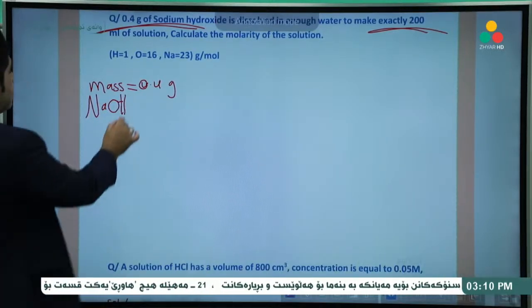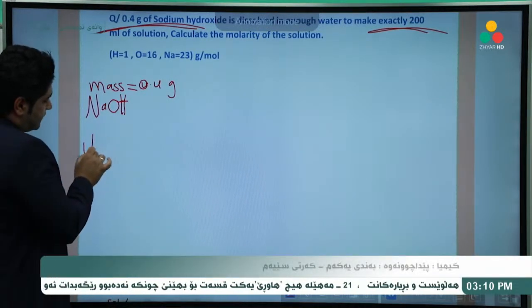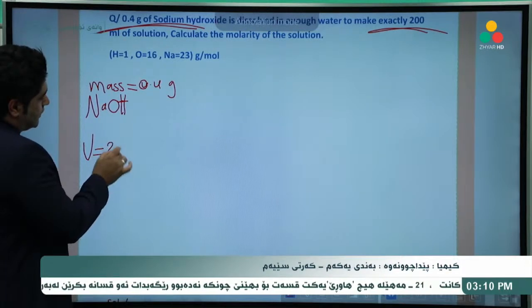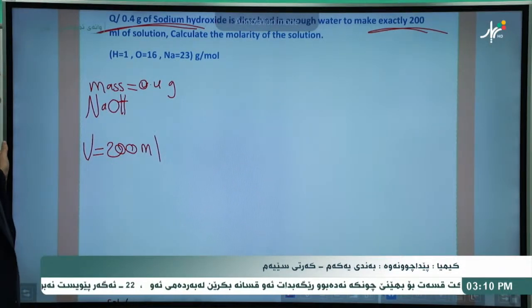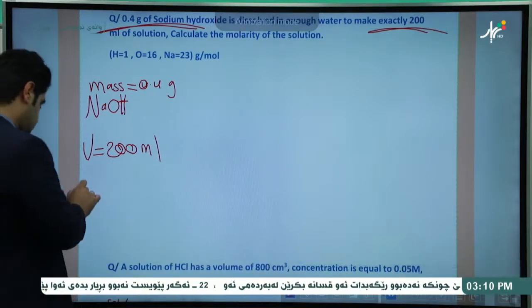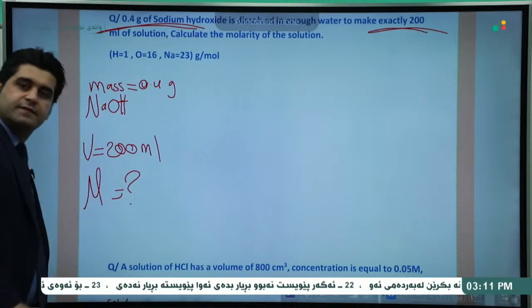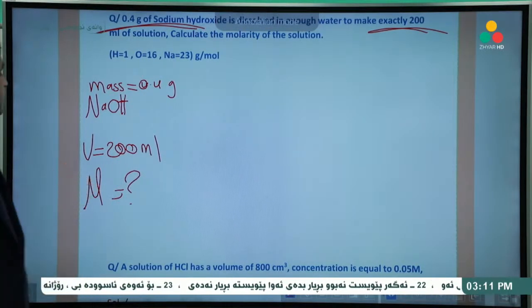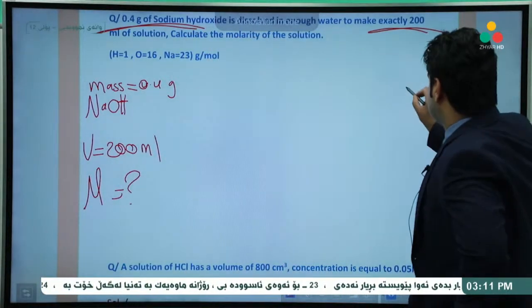Very good. And the volume of the solution is equal to 200 milliliter. Calculate the molarity of the solution. What is the value of the molarity? It's very easy. Look, we have the equation of molarity.